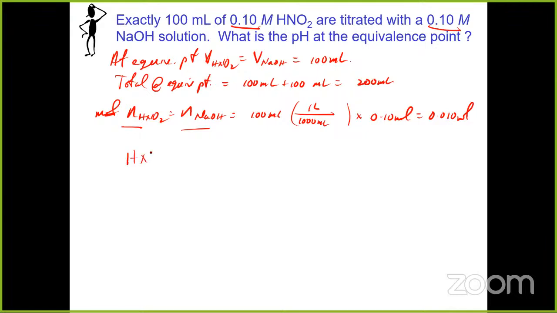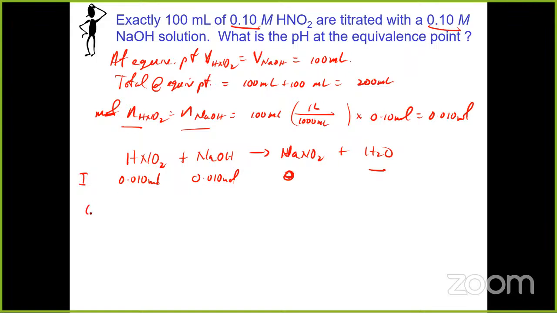So let me write that here, 0.010 moles, all right? So that would be the number of moles of both sodium hydroxide and nitrous acid. So let me write down the equation for that reaction, which is this right here. NaNO2 plus H2O. And then I'm going to set up my ice table with the initial amounts of nitrous acid and sodium hydroxide being the same, which is 0.010 moles, 0.010 moles. And you would have none of the products, so this would be 0 here.